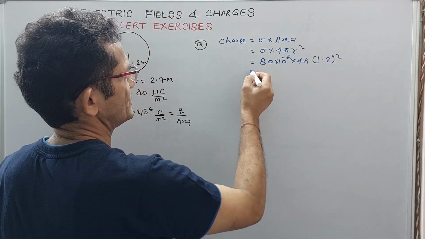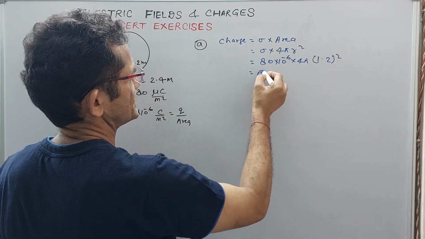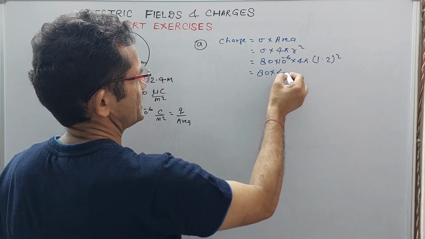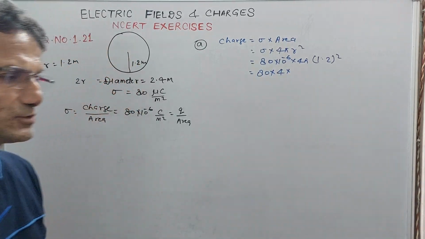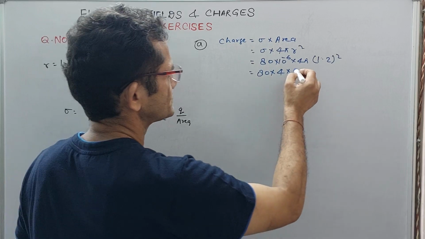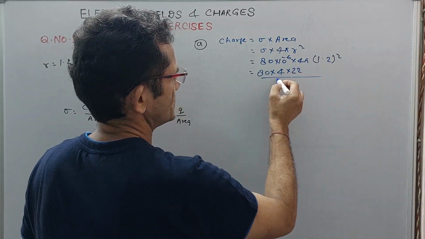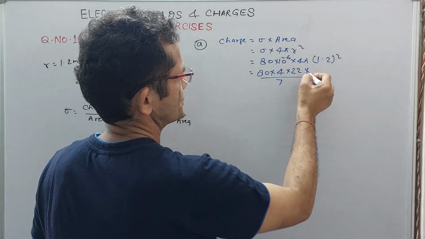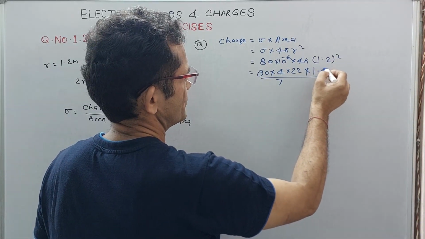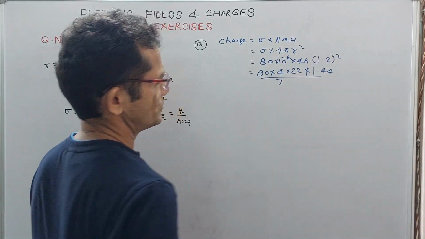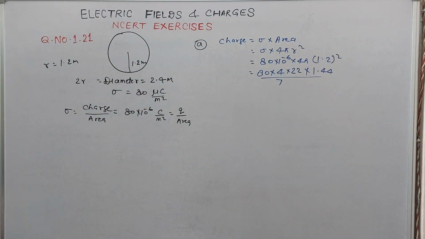So simplifying this one, 80 into 4 pi, putting the value of pi 22 upon 7, and squaring 1.2 is 1.44. So this is the value of charge on this one.